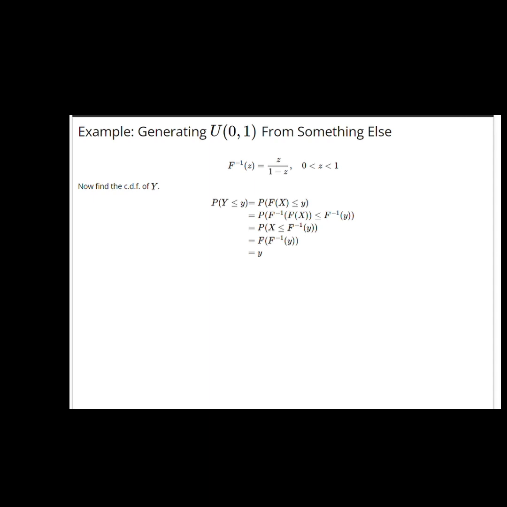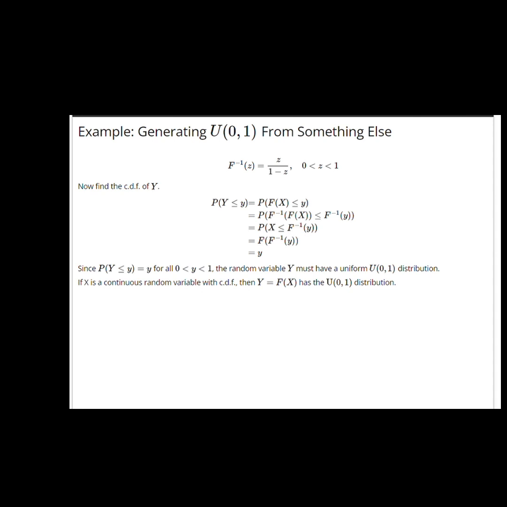What have we discovered? The probability that capital Y is less than or equal to little y is equal to little y. This is true for all values of little y in the interval from 0 up to 1. What distribution do we know with that cumulative distribution function? There is only one. That's the uniform distribution on the interval from 0 up to 1. The random variable Y must have a uniform on 0, 1 distribution.